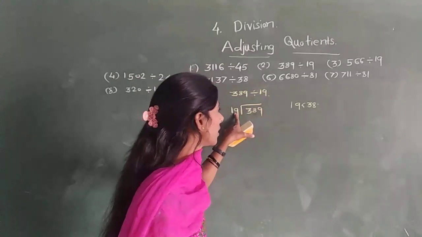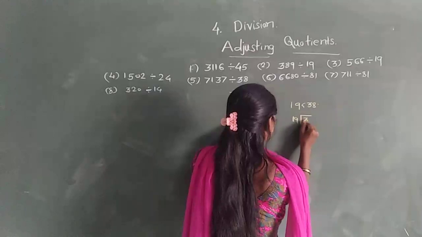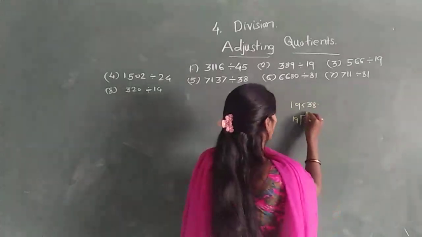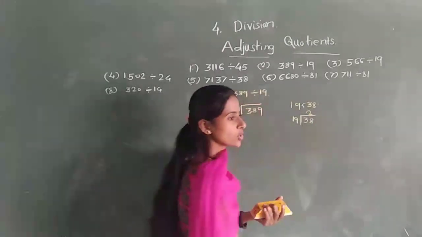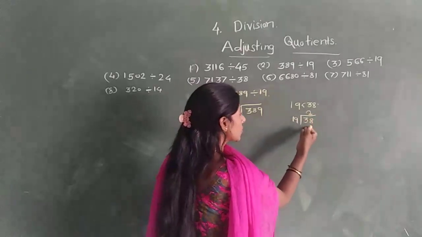Here think 19 and 38, and we know that 19 twos are 38. This is the adjusted or estimated quotient, and it's very low. 19 twos are 38.